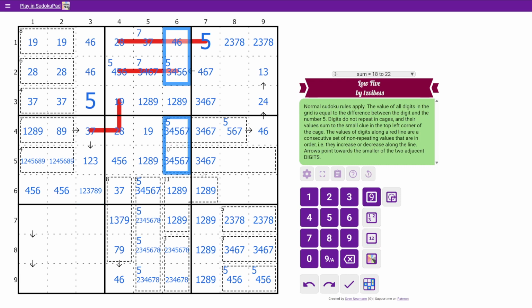Oh. The 5 could go there. It's a bummer.